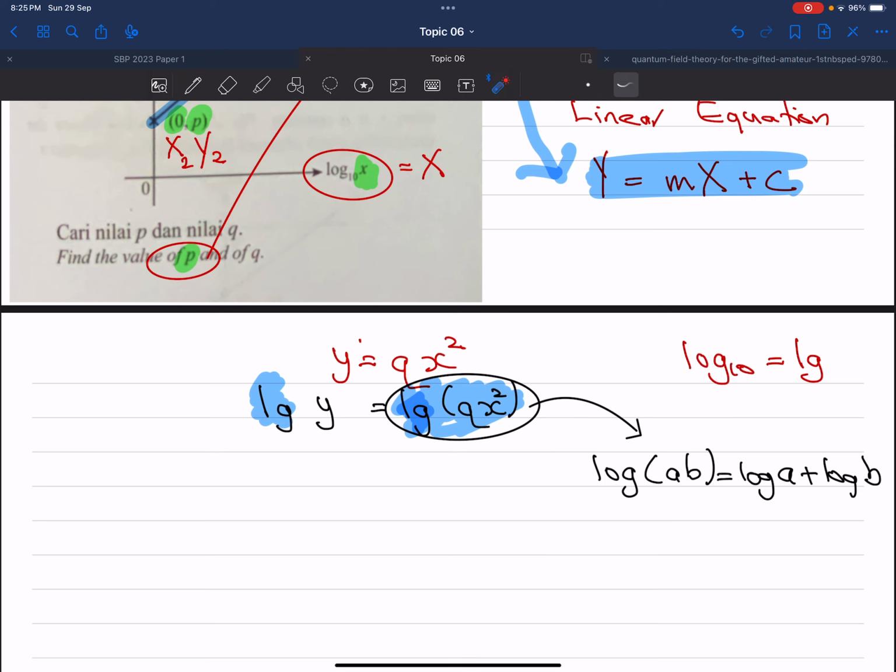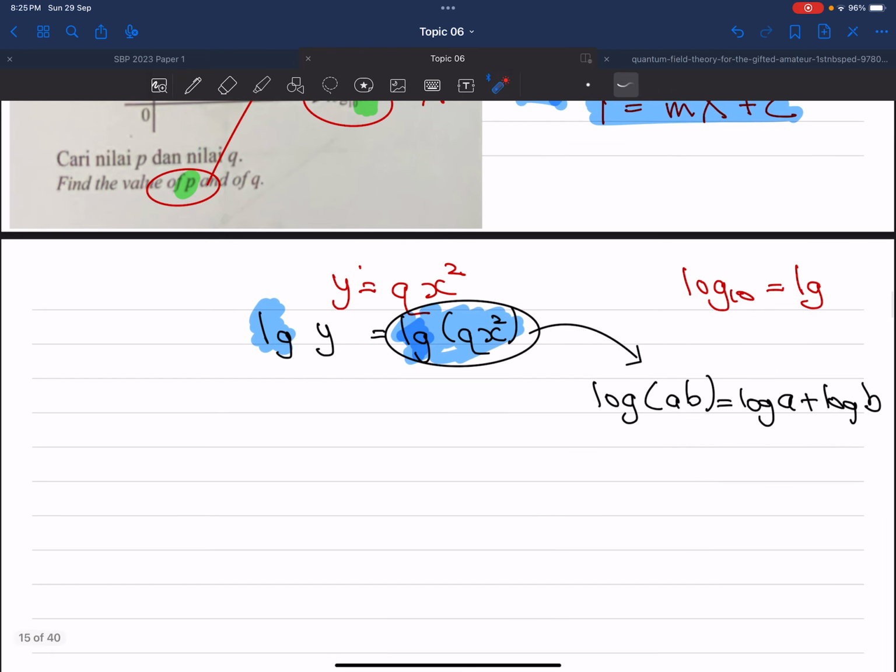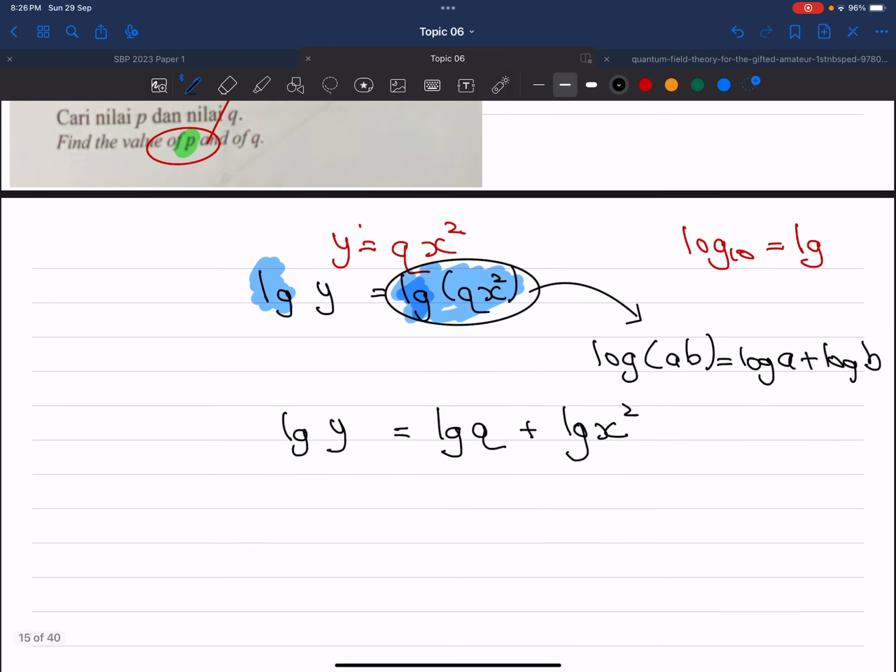So this right hand side, I'm going to use this formula, which will give us log Q plus log X squared. Left hand side, I just copy back log Y. And if you notice, from our log, the power 2, we actually can bring it down to multiply.